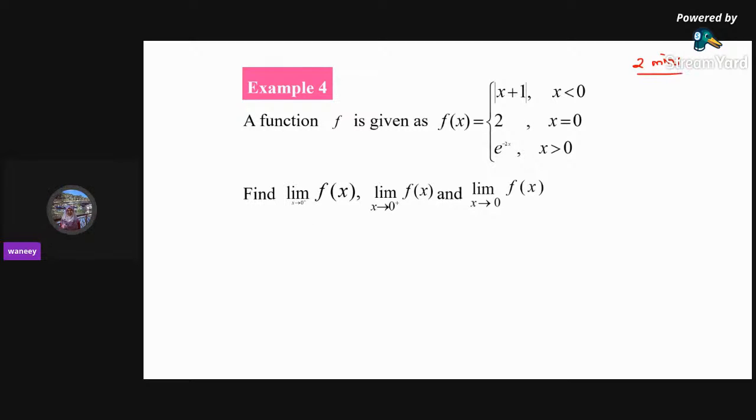So try to calculate what is the limit as x approaching 0 on the left hand side, approaching 0 on the right hand side, and make a conclusion. You must calculate on the left hand side, you must calculate on the right hand side, and then see, do you get an equal number or not?